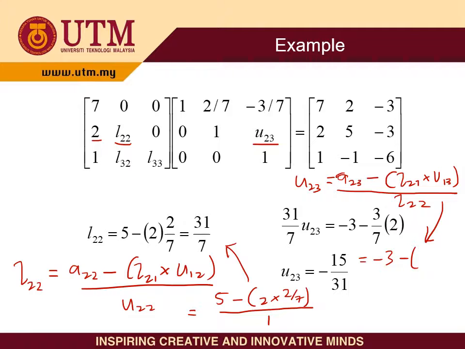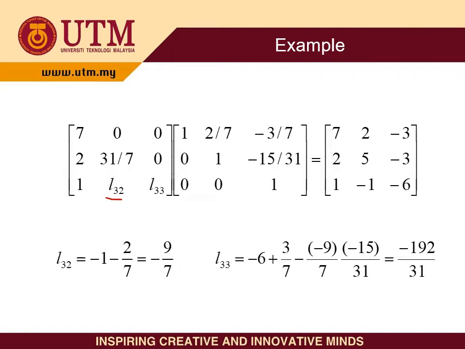L21 is 2 multiplied by U13, U13 3 over 7, and we need to divide by L22. L22 we just calculated before is this one, 31 over 7. And then you will get this answer for U23.